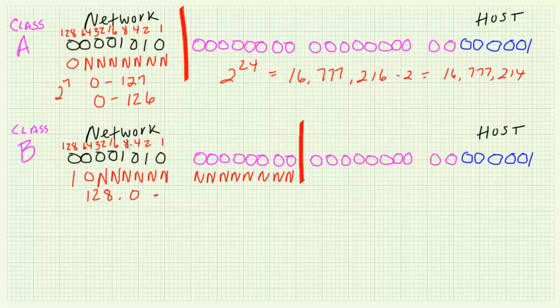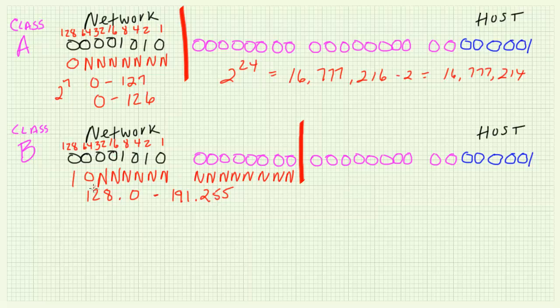We add 8 to that. And then to that we add 4. And then add 2, and then add 1. What do we get if we add all those up? Well, we get 191 in the first octet. And then if we set all of these to 1s in the second octet, we're going to go from 128.0 to 191.255.